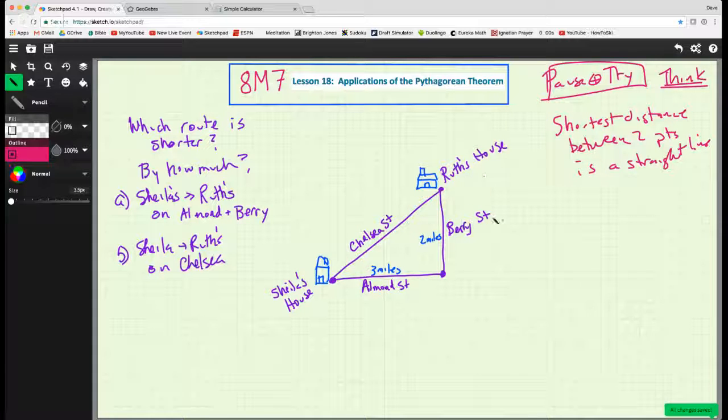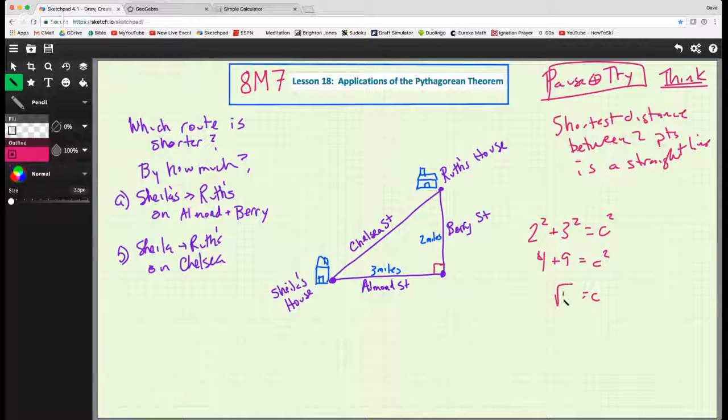Well, let's figure it out. Well, we know that this is a right angle. That's a right angle. Should have drawn that in. So the distance down Chelsea Street is going to be 2 squared plus 3 squared equals the distance down Chelsea Street squared. Well, that's 4 plus 9 equals C squared. So C equals the square root of 13.